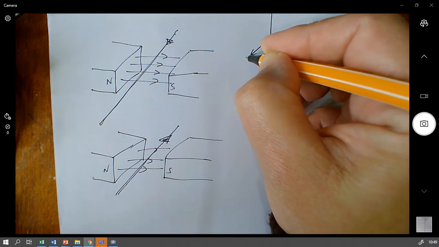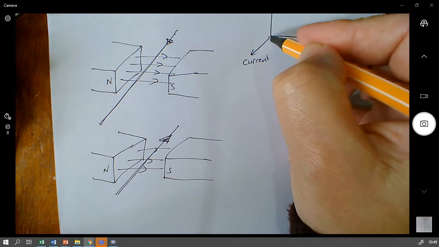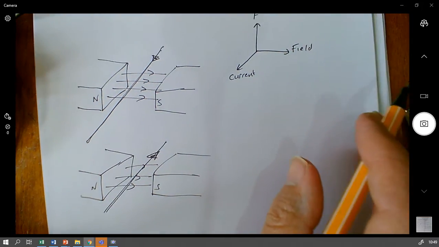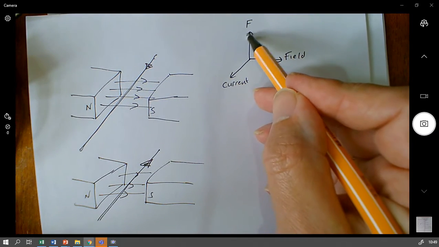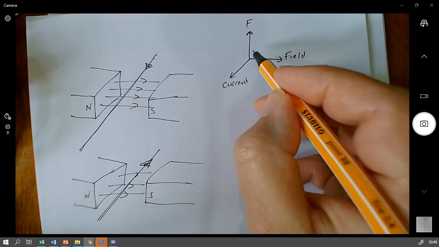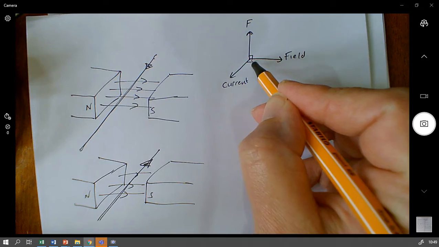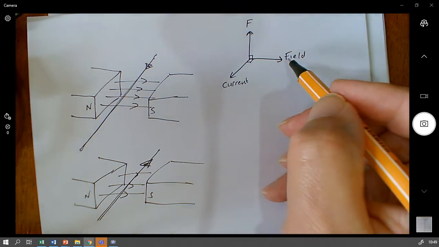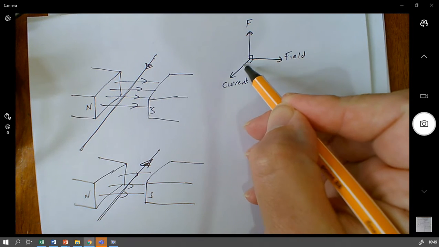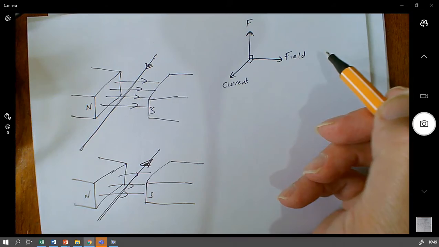If you imagine three X, Y, and Z axes, these are all at right angles to each other. One represents the force, the direction that something will move. One represents the magnetic field, at right angles to that force, and the current is at right angles to the field. So if the field is going in this direction and the current in this direction, then the force is going upwards.